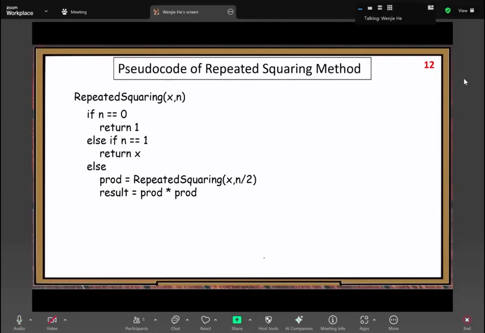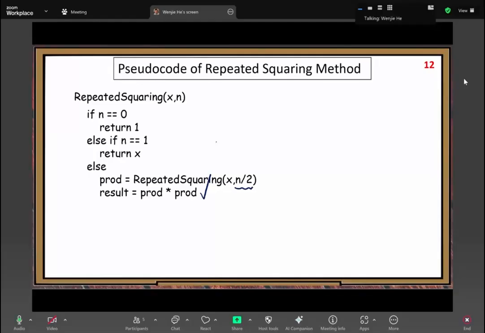Then you will see when n is an even integer, there is no truncation. If n is even, no truncation, which means this result is a good one and we can return it. But when n is odd, there is a truncation, and we need to make it up. Because there is 1 extra x, we need to multiply it into our final result.